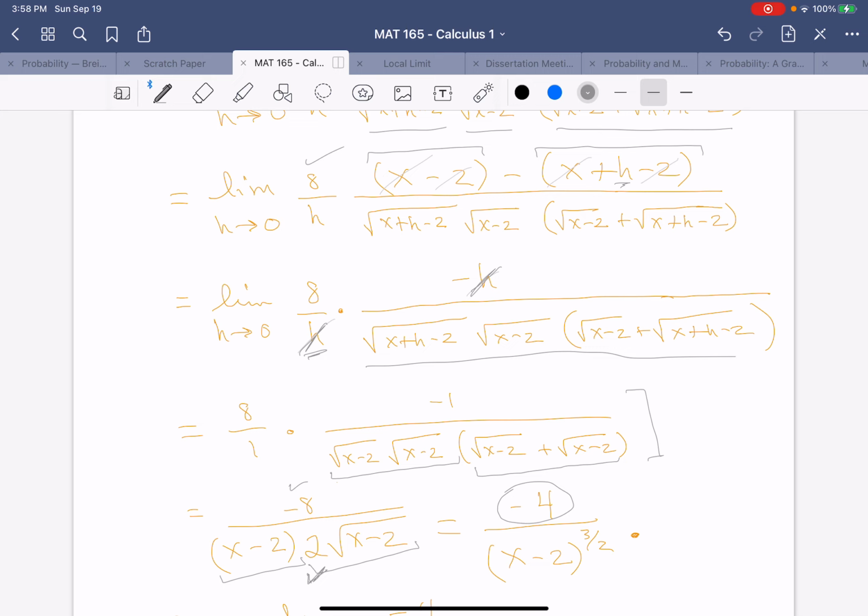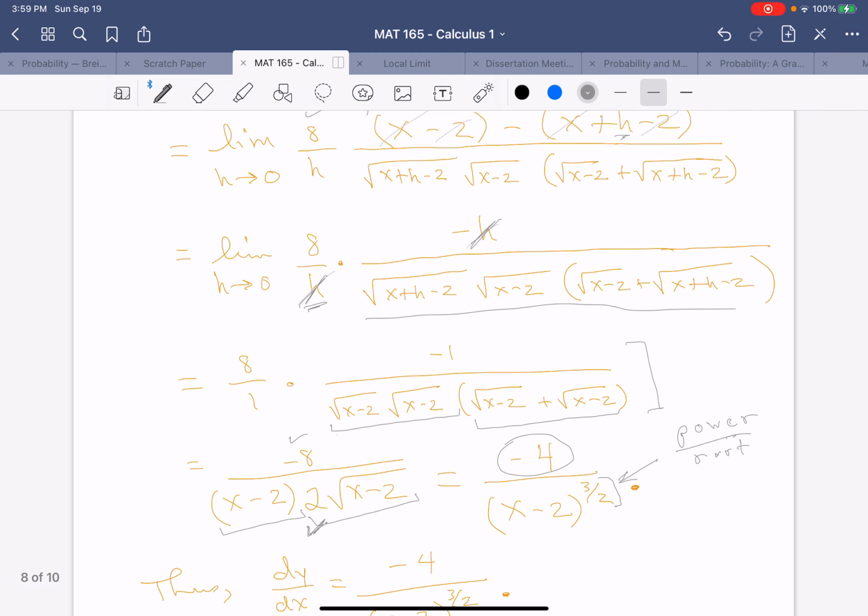Well, you may remember from algebra, or maybe not, but when you write a rational exponent, that is power divided by root. And so this is what we had. We had x minus 2 to the first power. Well, that's 2 over 2, right? That's 1. And then I'm forgetting the 2 for now.